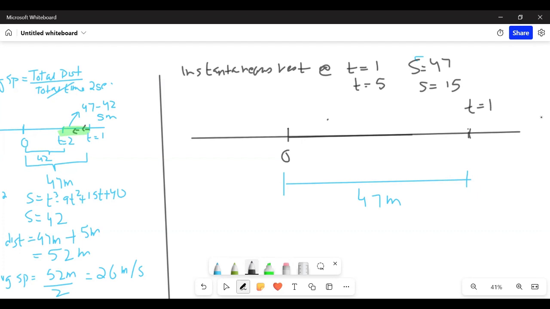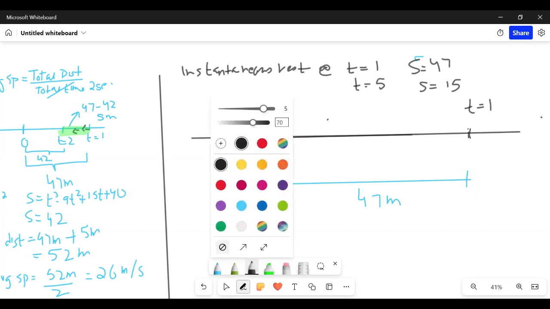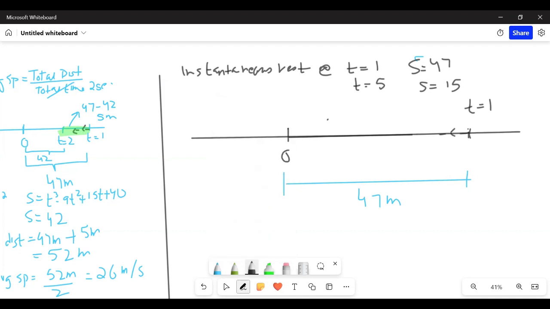Okay. Then the object changes its direction. It starts going back. And at t equals 5, the displacement is 15. So let's say that 15 is somewhere over here. So it initially covered a distance of 47 meters, then it came back this way till here.